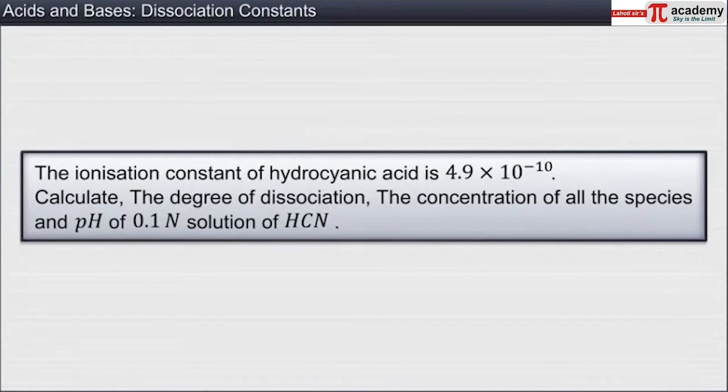The ionization constant of hydrocyanic acid is 4.9 multiplied by 10 raised to the power minus 10. Calculate the degree of dissociation, the concentration of all the species, and the pH of a decinormal solution of hydrocyanic acid.